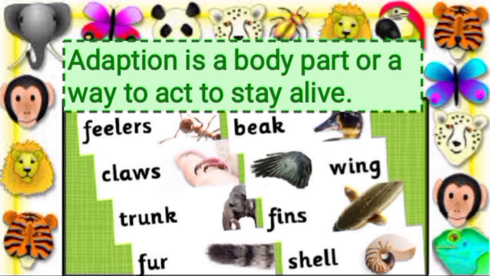Examples of the basic adaptations that help animals survive are the shape of a bird's beak, the number of fingers, the color of the fur, the thickness or thinness of the fur, and the shape of the nose or ears. Some animals have scales and some animals have spots. So this diversity in appearance and behavior is caused by animal adaptation.